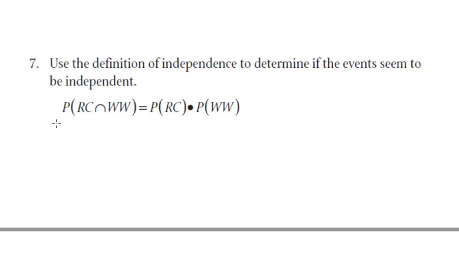Well, the probability of both is 0.0813, and the probability of the roasted chicken was 0.2344 times 0.35.